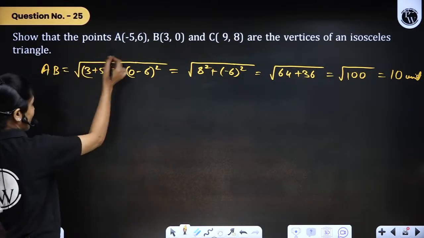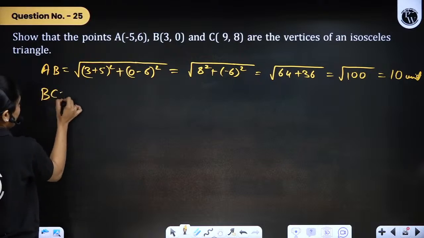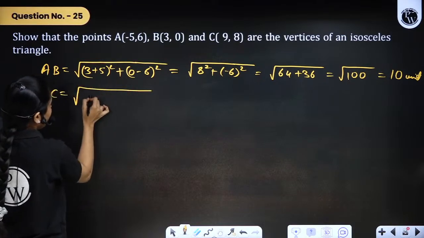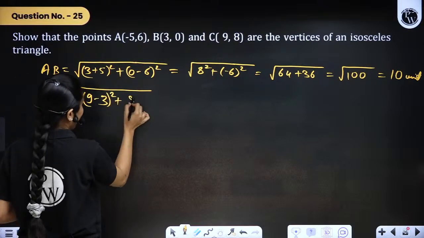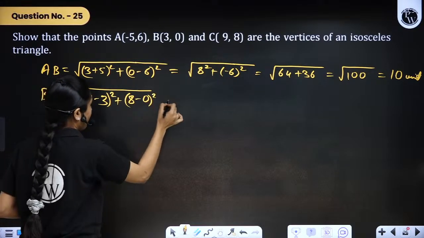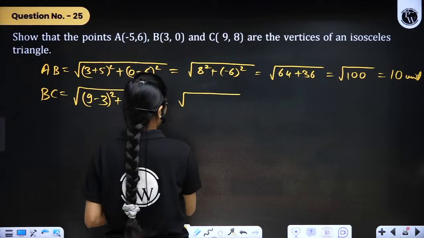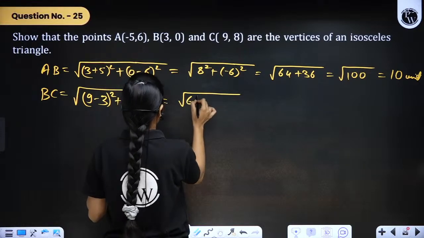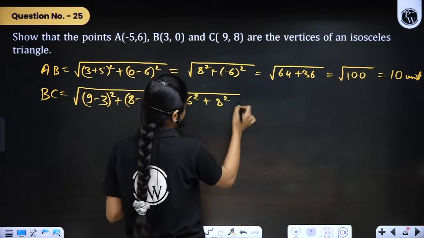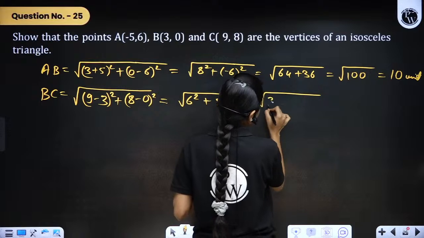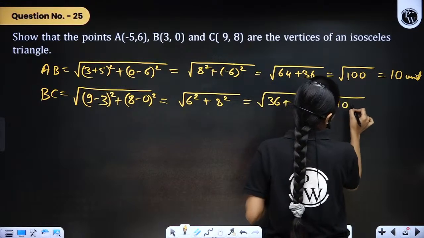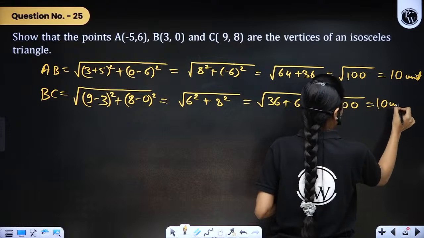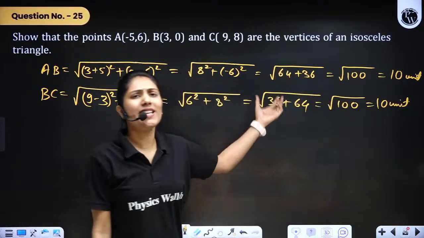Then coming to the distance of BC, it is under root of (9 minus 3) square plus (8 minus 0) square, which is equal to under root of 6 square plus 8 square. Again the same thing, 36 plus 64, which is equal to under root of 100, that is 10 units again. So we got two sides as equal.